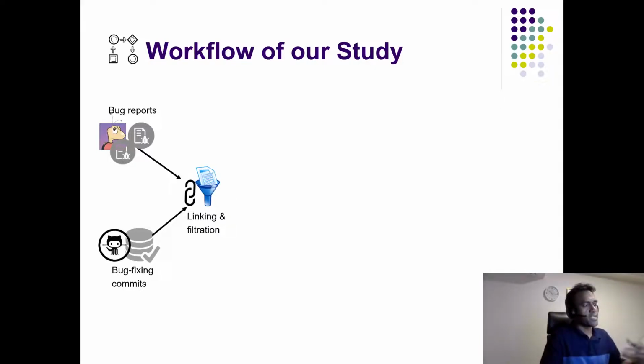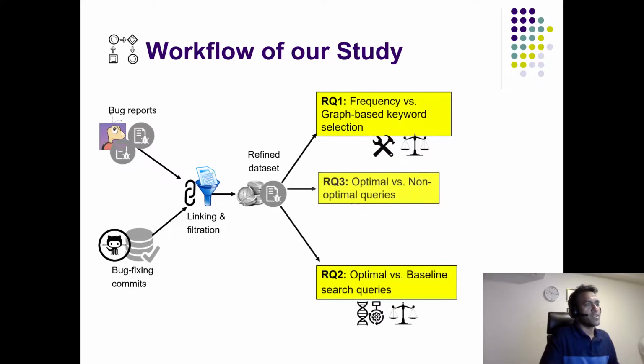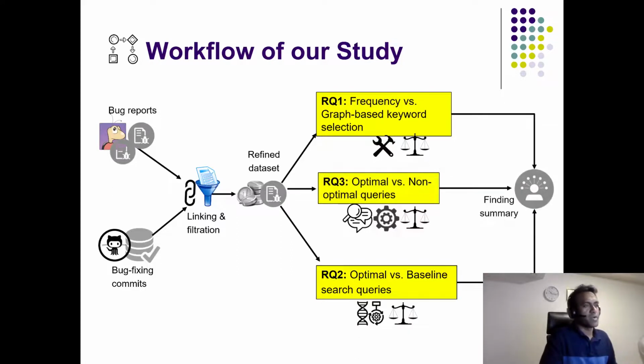Now, the detailed steps are discussed in the paper. And this is how we come up with our data set for our experiment. Then using this data set, we try to answer the three research questions that we have. And then finally, we come up with some actionable insights.